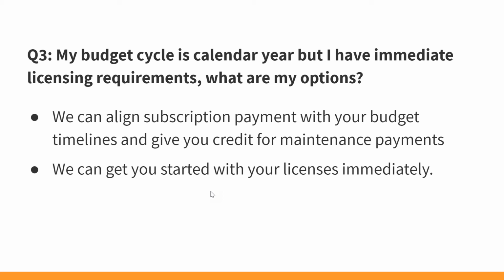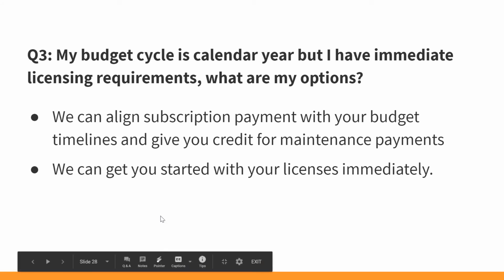Rarely do projects align with budget timelines, and so we see many cases where a customer has a specific project where they need to ramp up their use of FME, but their budget release might be 3 or 4 months away. And so what we've done in those cases is we get you to sign the paperwork and we get you access to the software early.